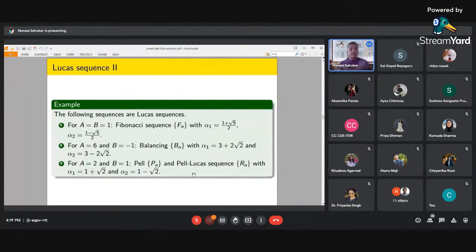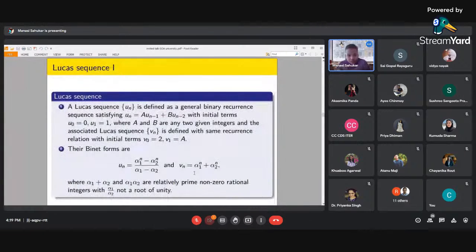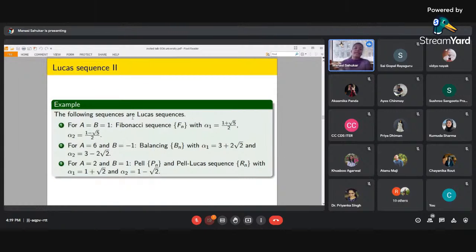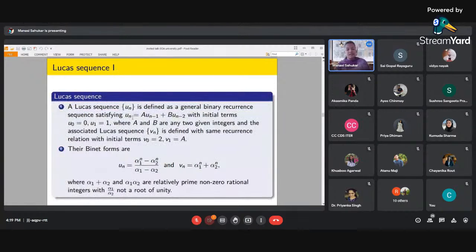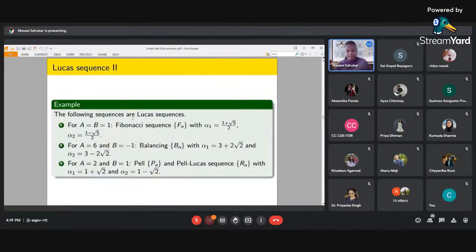If I pick a as 1 and b as 1, the sum of the previous two terms is equal to the next term. So that is the Fibonacci sequence, and the Binet form is the same as this one, but alpha 1 will be (1 plus root 5) by 2, and alpha 2 will be (1 minus root 5) by 2.